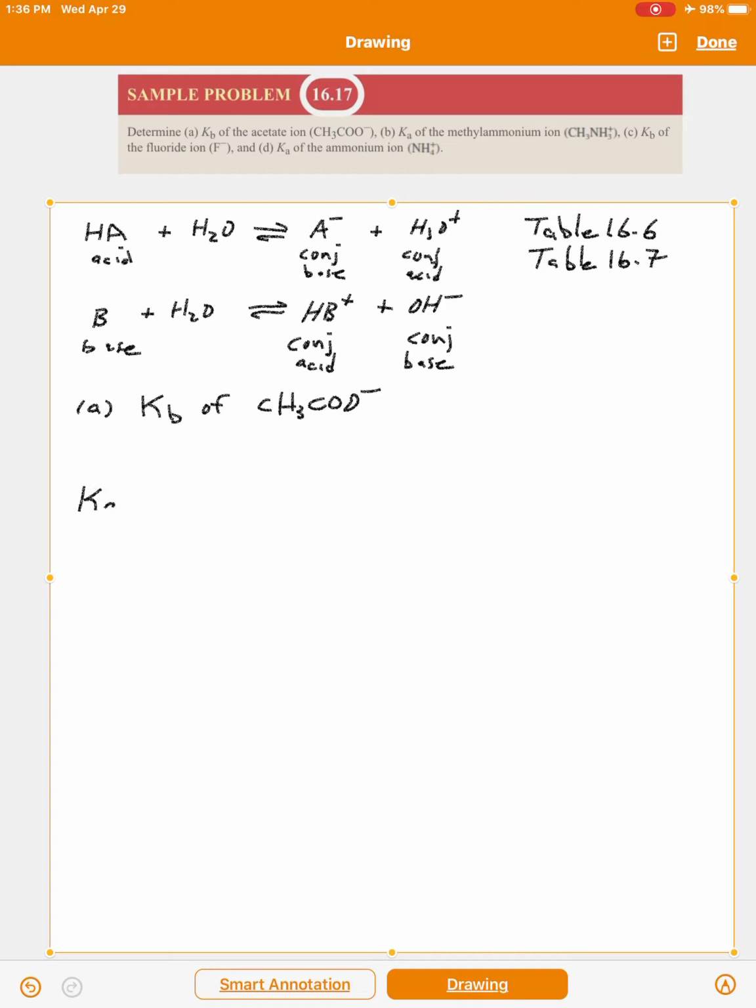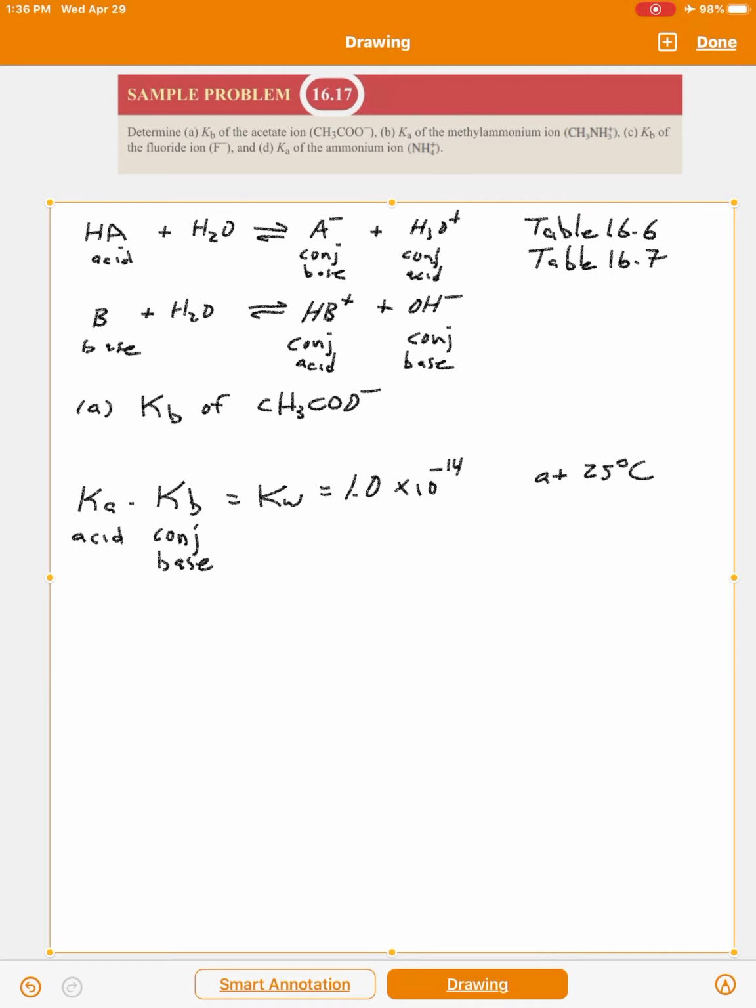The Ka for an acid times the Kb for its conjugate base is equal to Kw, which is 1.0 times 10 to the minus 14. Of course, you know that's at 25 degrees C.